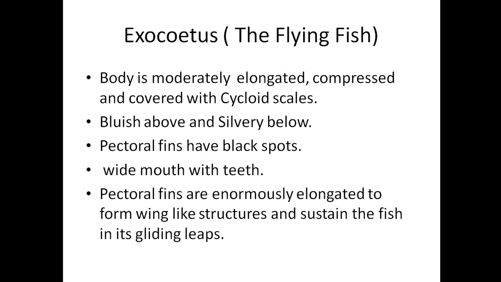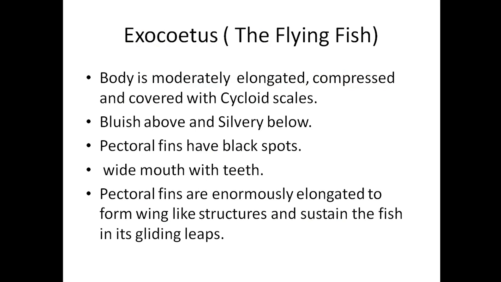I can take up one more example. This other example is an Osteichthyes, which all of you are familiar with, a very interesting fish known as the flying fish. It has a moderately elongated and compressed body, covered by cycloid scales.